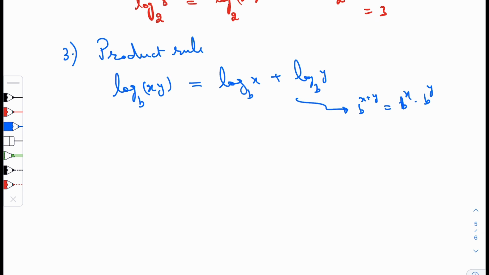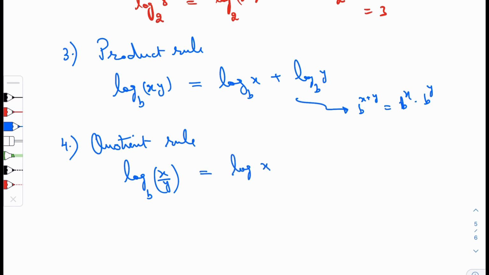So this is the product rule, and there is a quotient rule as well. Quotient rule, as we can guess, is when inputs come in quotients, x over y, and the base is b. Then that breaks up into log x minus log y, keeping the base the same.